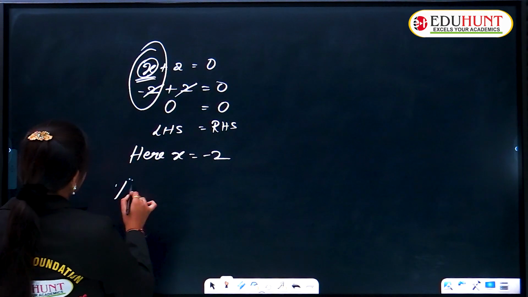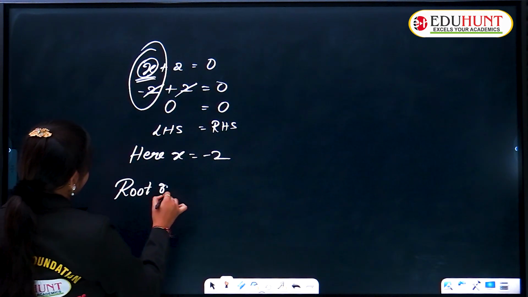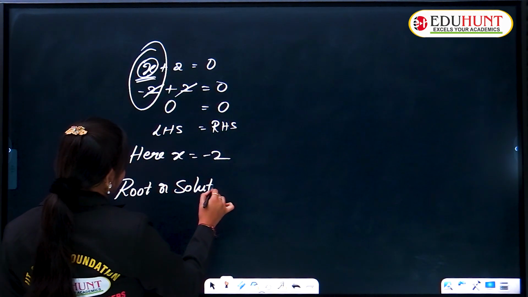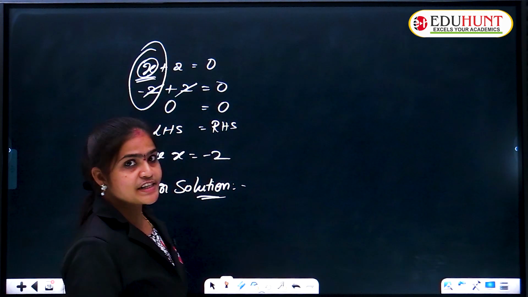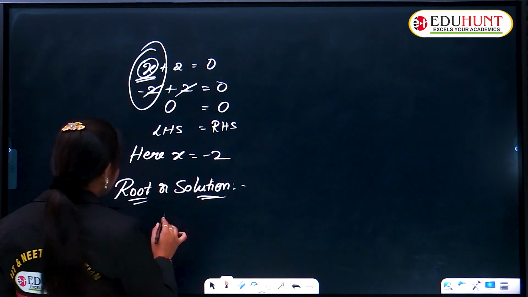What about root or solution? Root or solution means the value which satisfies the given equation.